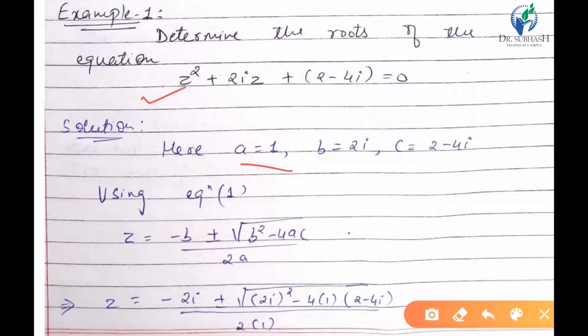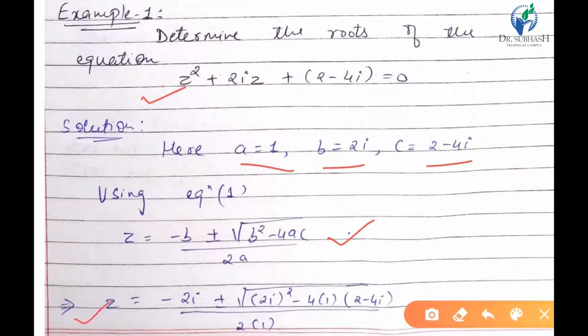Coefficient of z is 2i, so b equal to 2i, and the rest part is c, that is 2 minus 4i. Now first we write equation 1, that is z equal to minus b plus or minus under root of b square minus 4ac upon 2a.